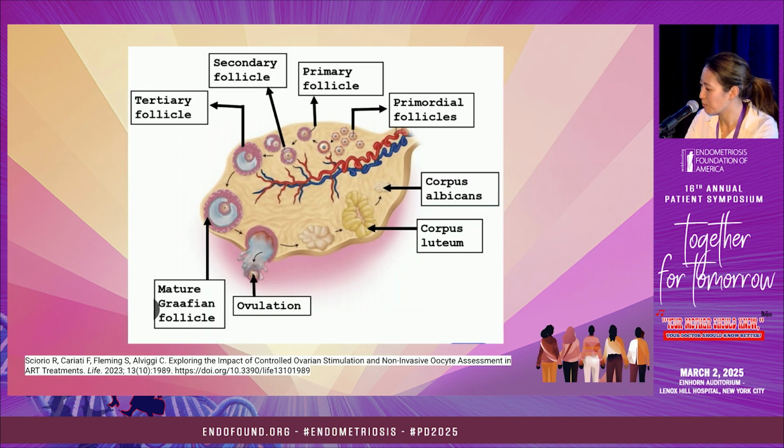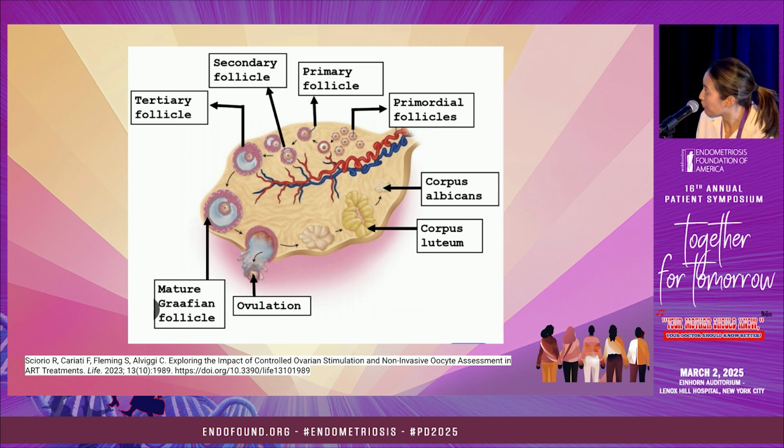So this is a depiction of an ovary through the menstrual cycle. If you start here in the upper right-hand corner, what you're seeing is the early follicles. If you follow that counterclockwise, you're following the ovary through the follicular phase. Remember, during the follicular phase, estrogen is rising and you're recruiting eggs.